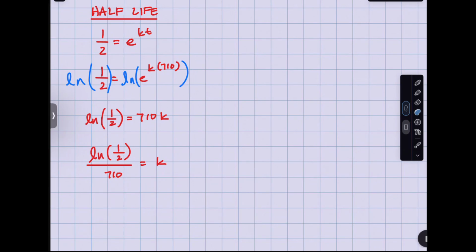Do I care about this number right now? Don't care. I'm going to leave the rate as that. Just going to leave it. That's my rate, for the first part.